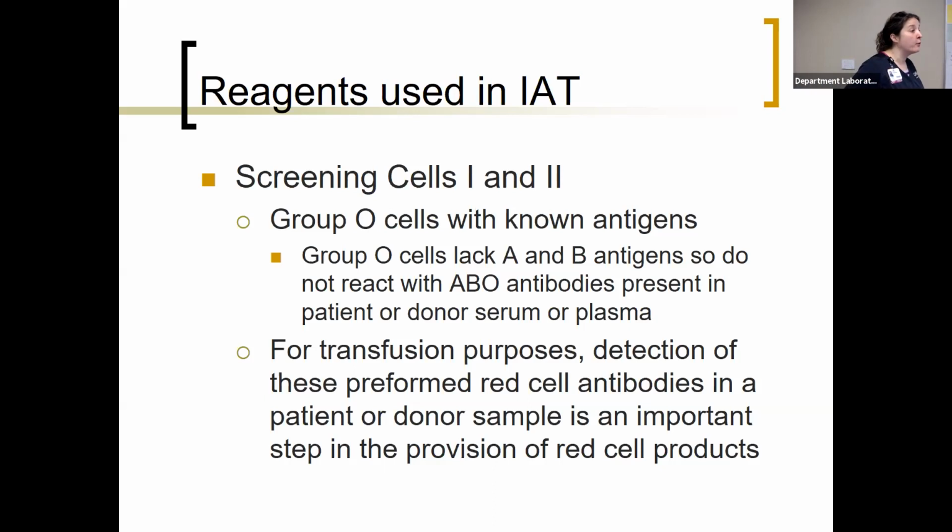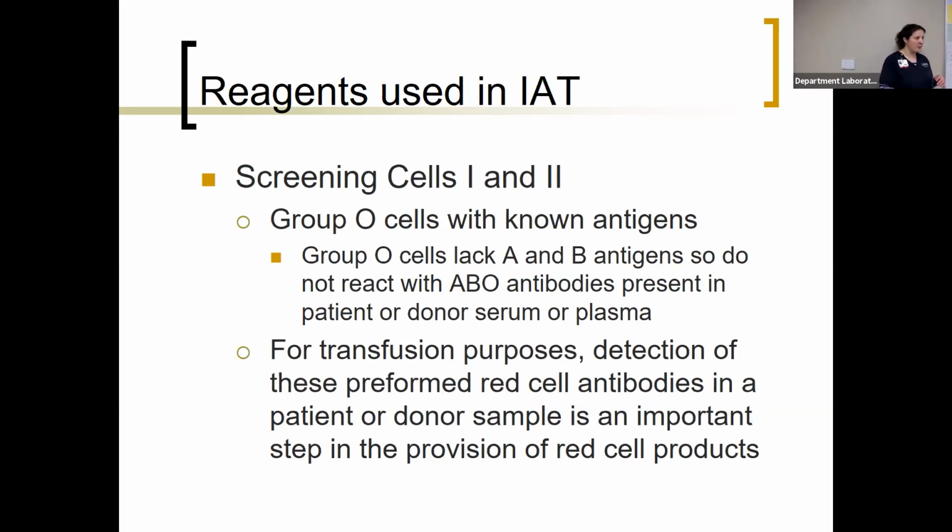Okay, and the reason for that is we're using patient plasma, right? Group O patients don't have any antigens on their cells, correct? Any ABO antigens. So our patient ABO antibodies will not cause reactions in our IAT. So we're able to identify any other allo IgG antibodies.